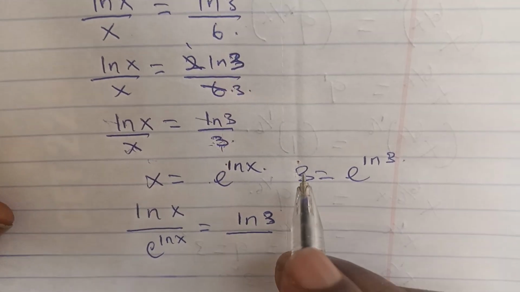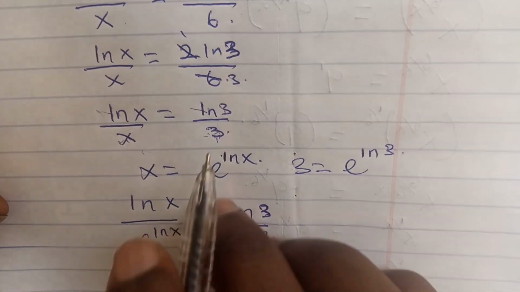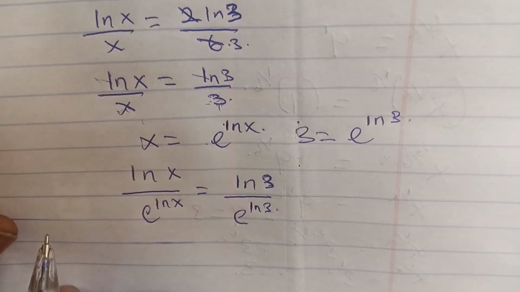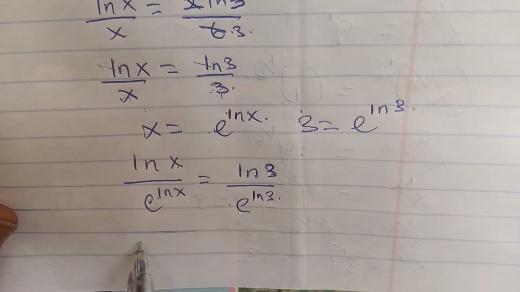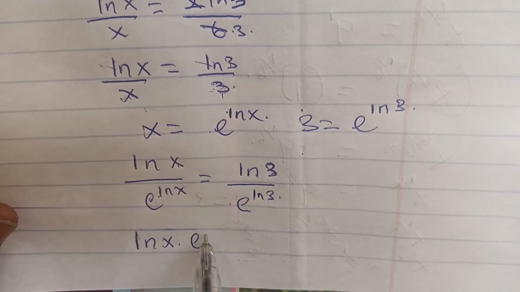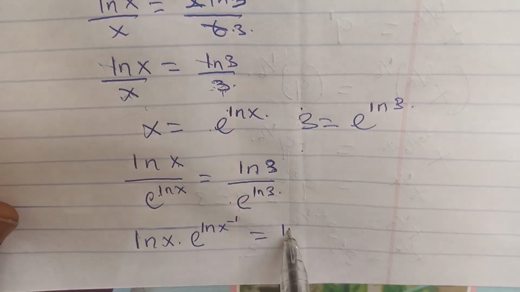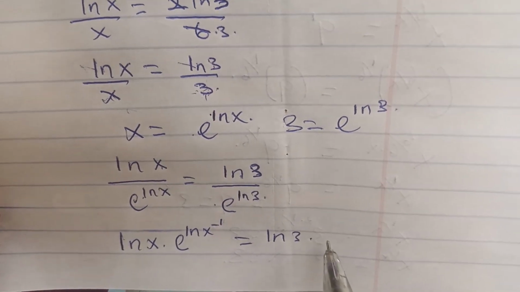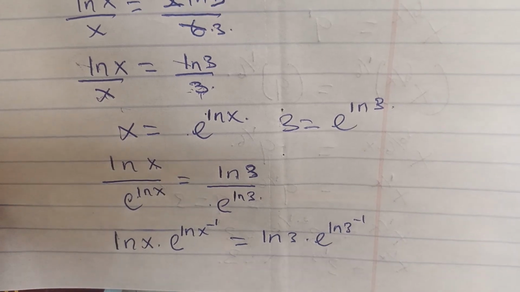So wherever I see 3 there, I can put exponent ln 3. Having done this, I can bring this to the top. So if I do that, I'm having ln x times exponent ln x to negative 1 equals to ln 3 times exponent of ln 3 to negative 1.